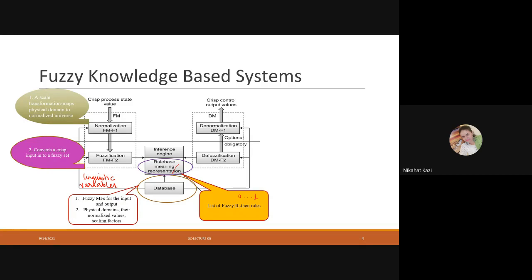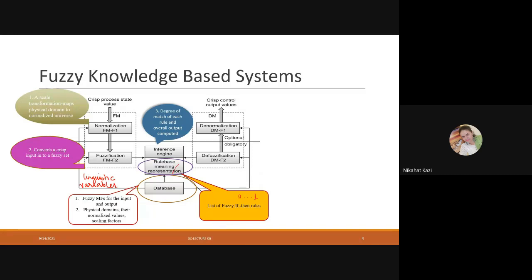Okay. Next is the inference engine. The inference engine actually comprises of finding what the system should do, actually inferring on the basis of certain facts and the rules which are there.